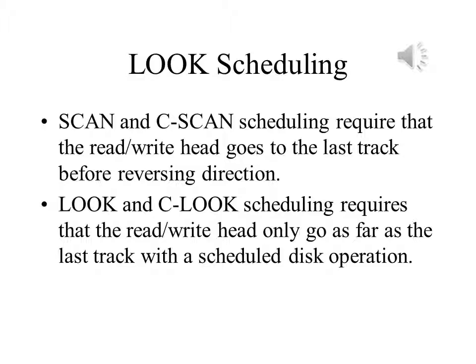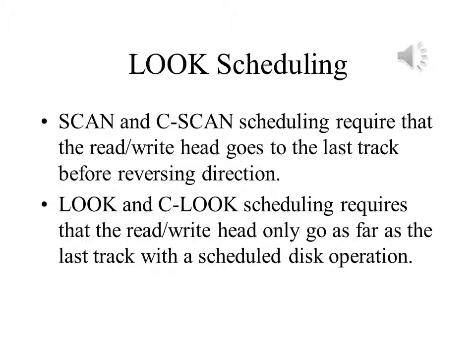The last 4 slides on scan and C-scan scheduling are not completely accurate. In scan and C-scan scheduling, the read-write head moves as far out or as far in as it can go before changing direction. But if there are no disk operations requested that involve those tracks, there is no reason to go that far in or out.